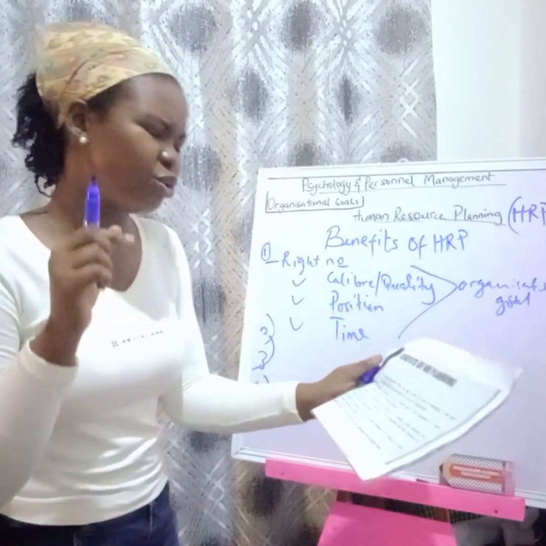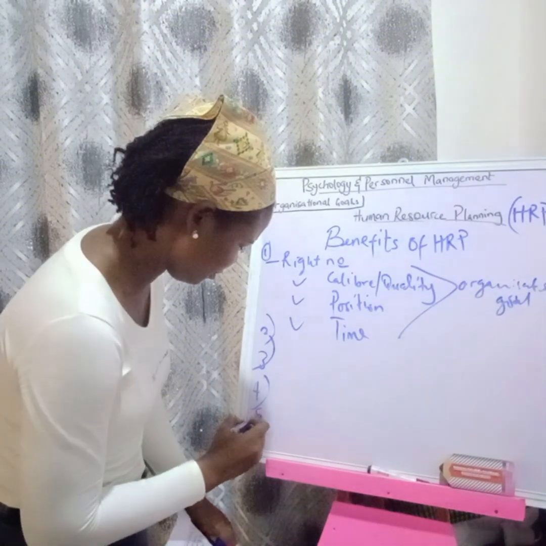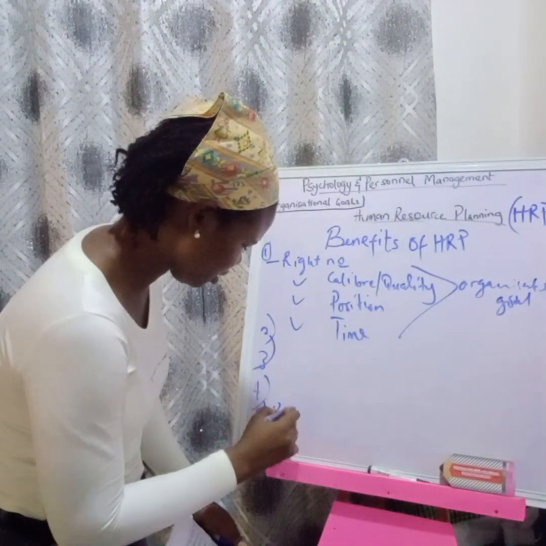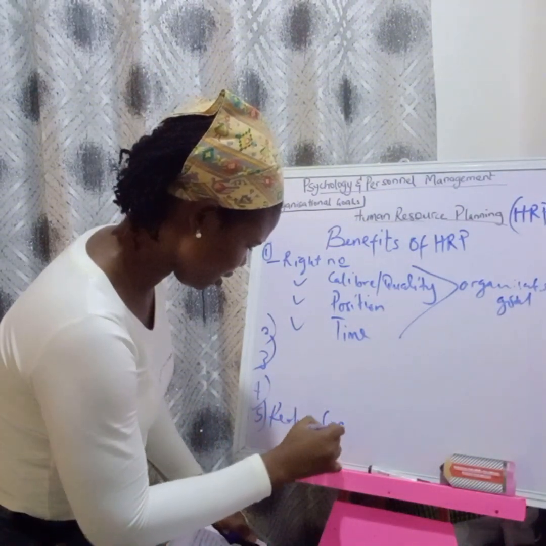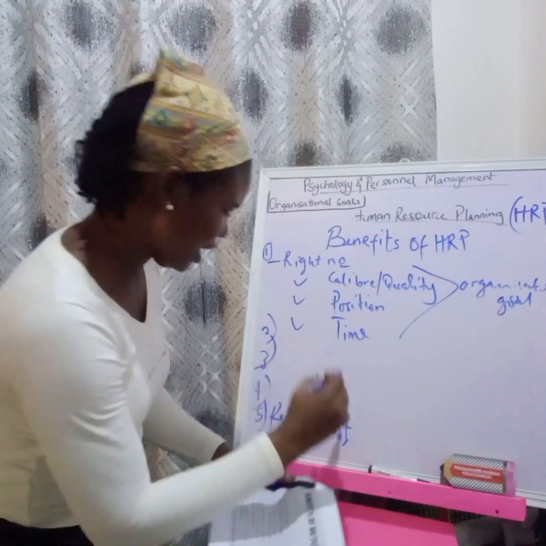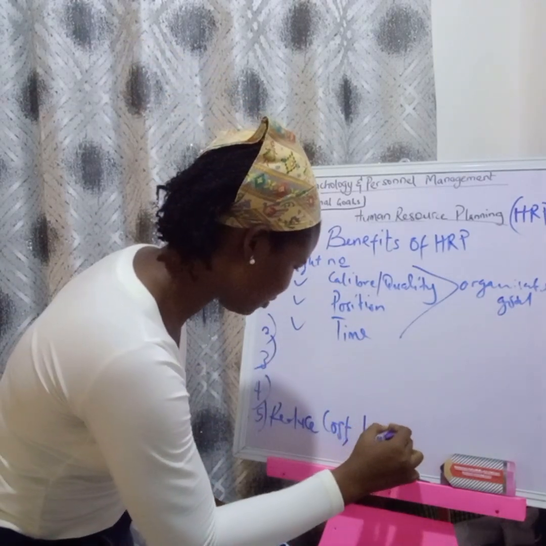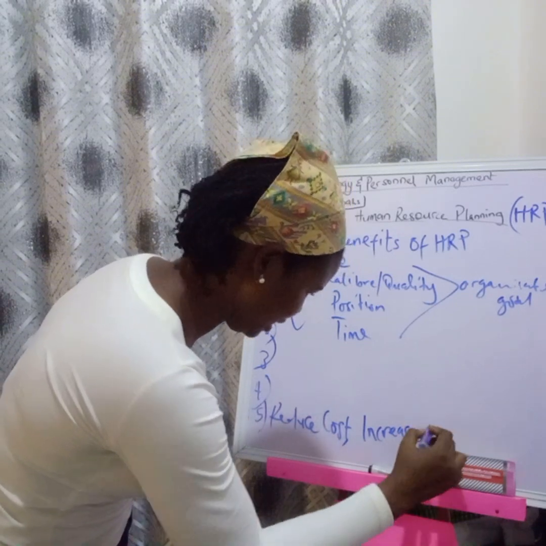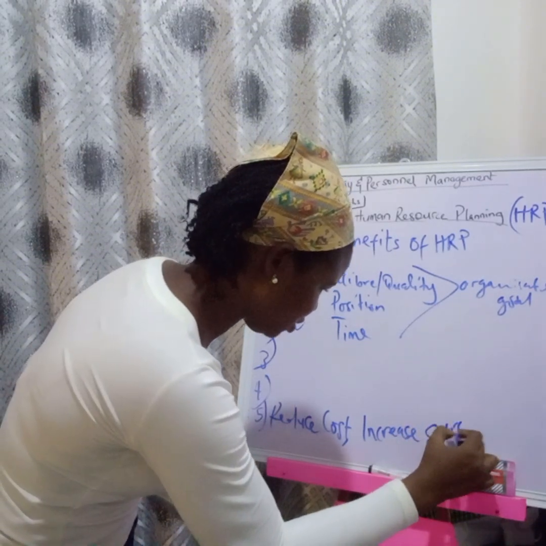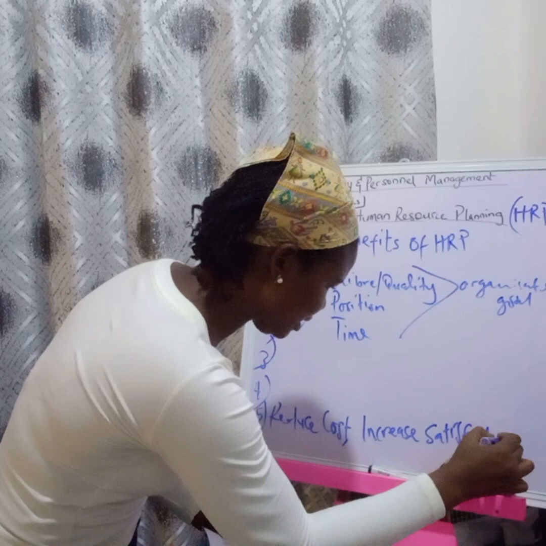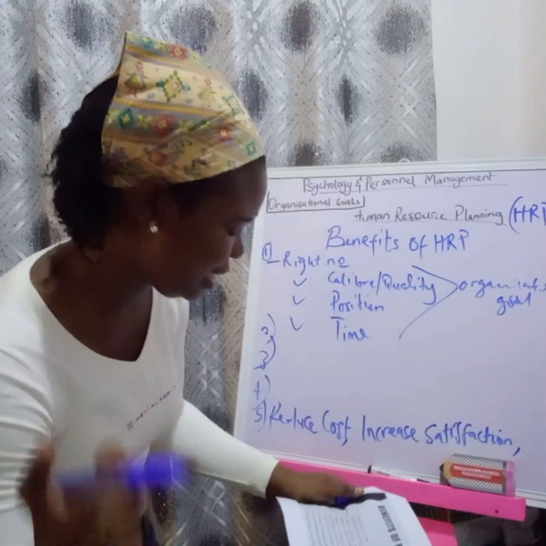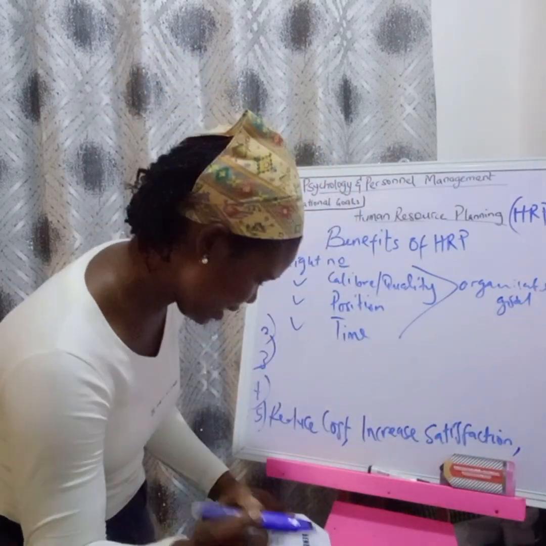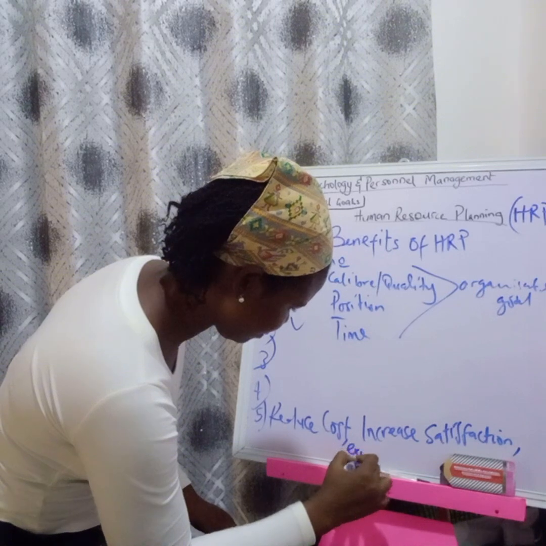Lastly, number 5, reduce costs, increase customer satisfaction. I hope you are saying it alongside me, because I've said this one so many times. And last but not the least, expand customer base.